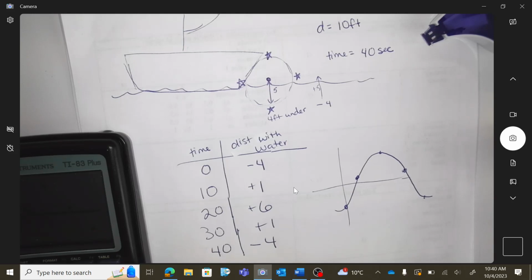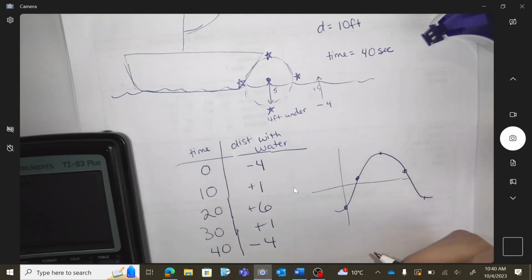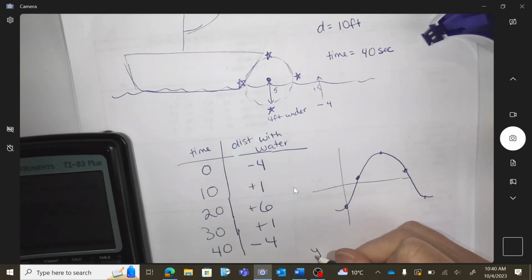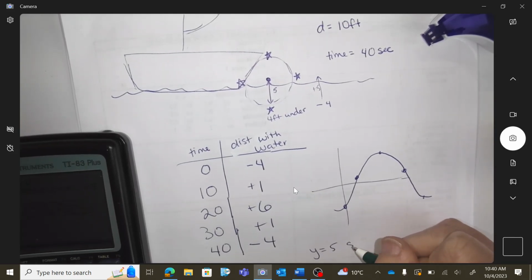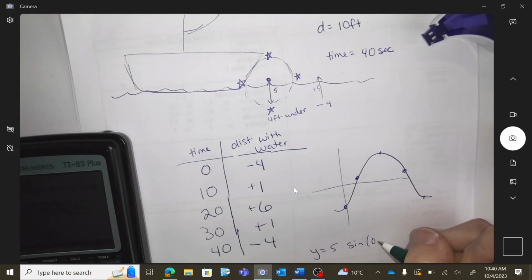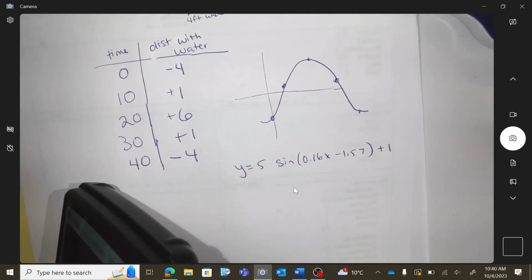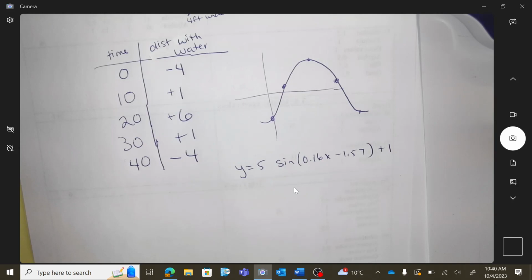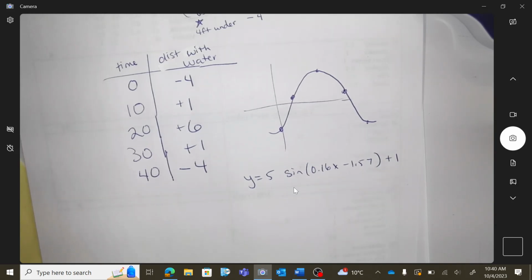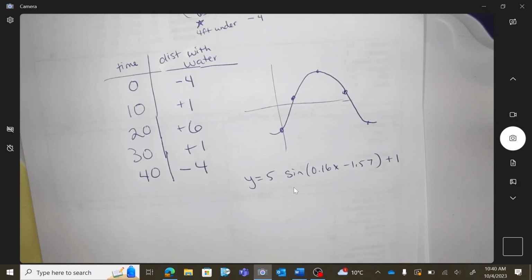Okay, that's good. Give me an equation. So stat, calculate your equation. Copy and paste. You're doing all these steps on your own, right?